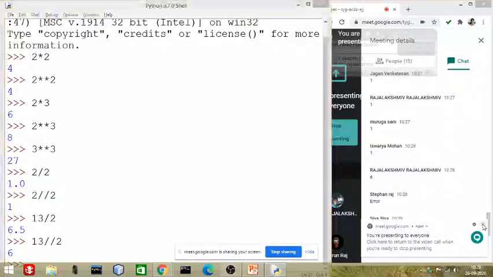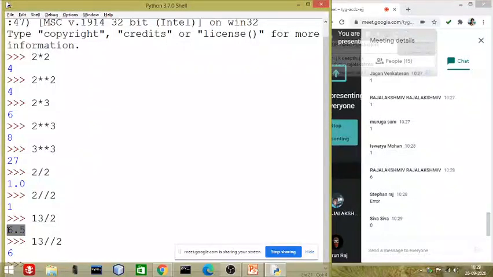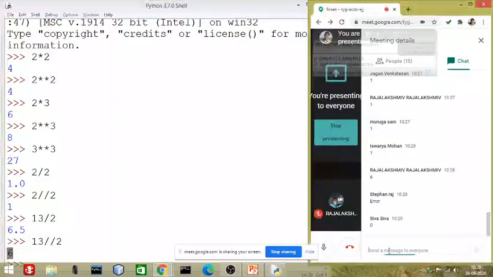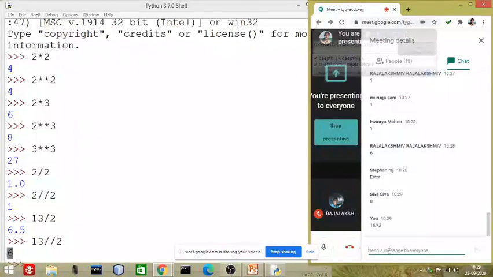Here we are getting 6.5, but here we will get only 6. What you understood is that floor division will not give any decimal value in the result. I hope it is clear to everybody. Okay, let us see one more example. 16 floor division 3. Tell me the answer, please.